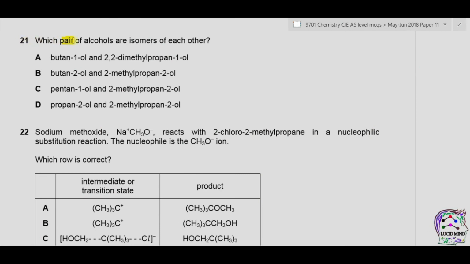Question 21. Which pair of alcohols are isomers of each other? Isomers are compounds that have the same molecular formula but different structures. In A we have butan-1-ol, so in the long chain we have 4 carbon atoms for butane, and on the first carbon we have the alcohol group attached. The rest are hydrogen atoms.